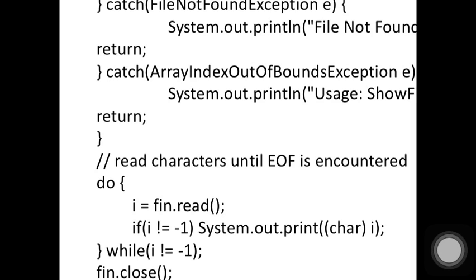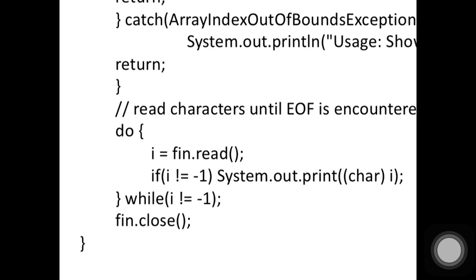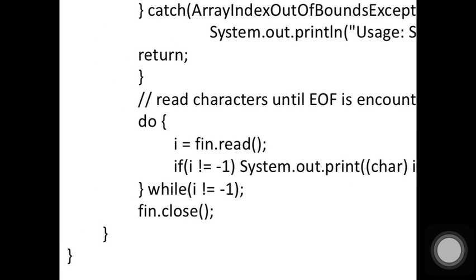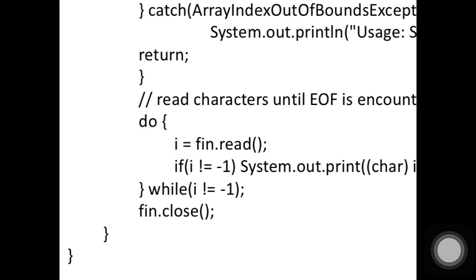If i is not equal to -1, you show the value on the screen using System.out.print, typecasting i into a character. Whenever i reaches -1, the file has reached its end, so you break out of the loop, and finally close the file stream using fin.close.